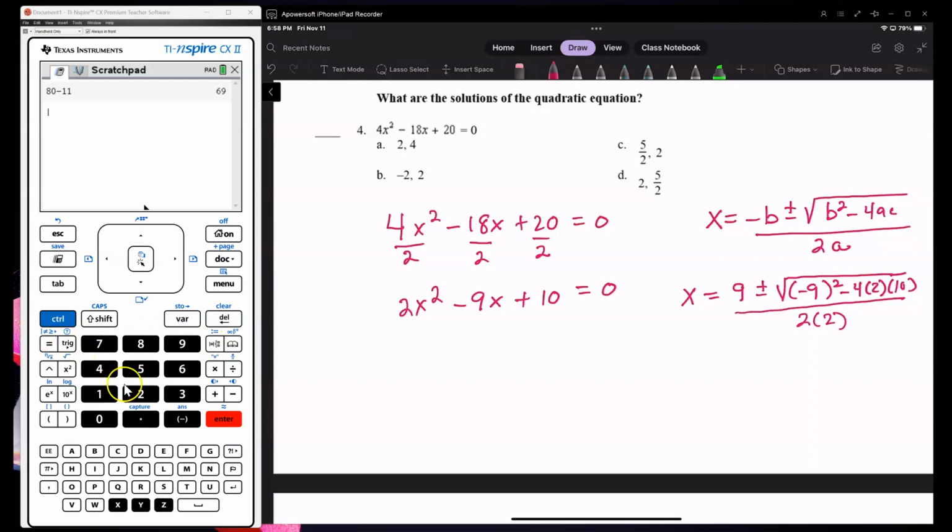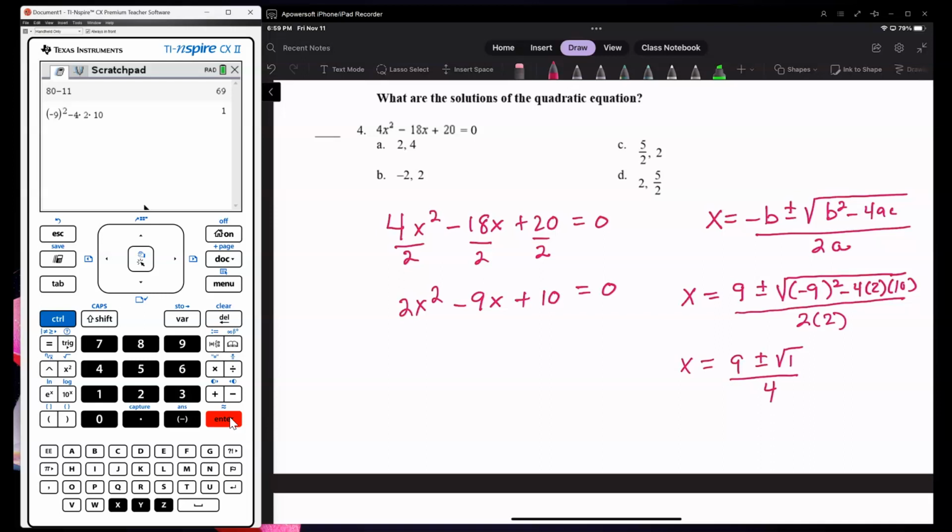So you can go to your calculator, parentheses, negative 9 squared minus 4 times 2 times 10, and you get 1. So this is going to be x equals 9 plus or minus the square root of 1 over 4.